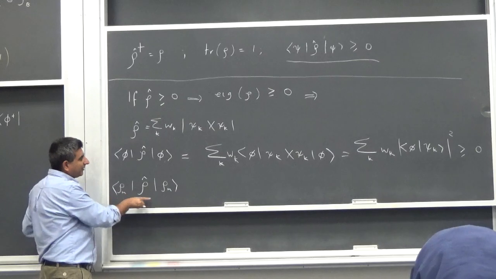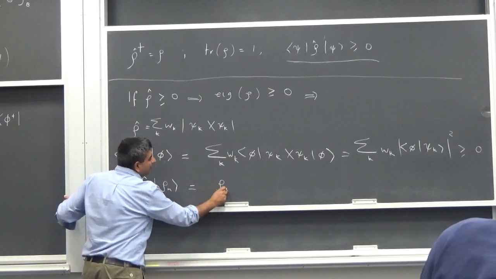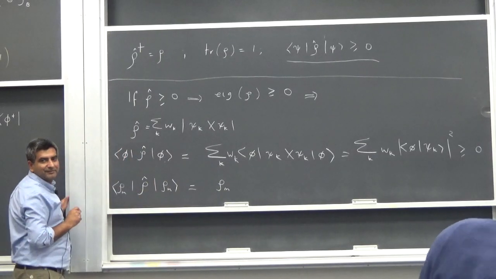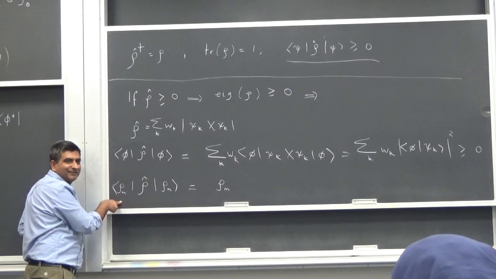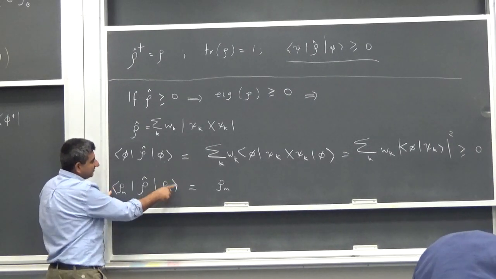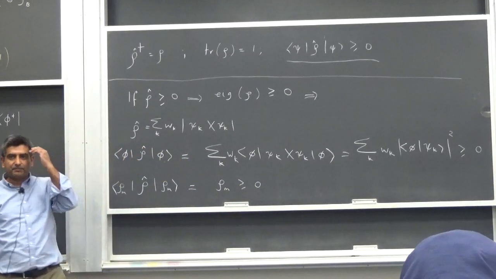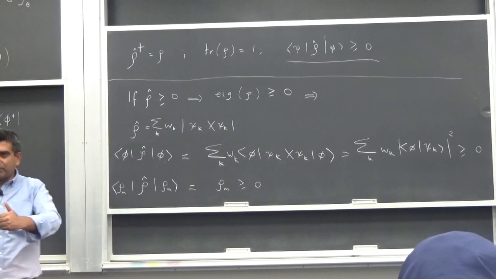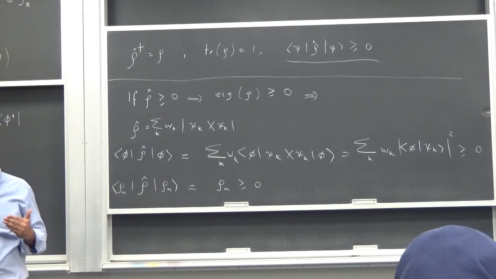So what would be the result over here? Since this is an eigenstate, suppose that eigenvalue is rho m. So this answer will be rho m. But this must be positive, so a positive operator like a density operator must have positive eigenvalues as well.